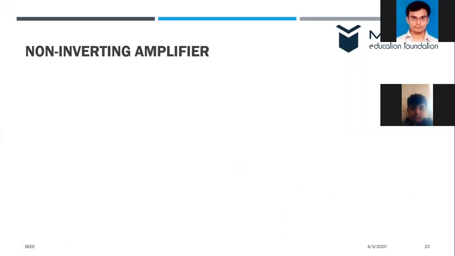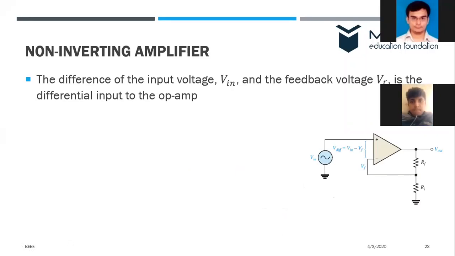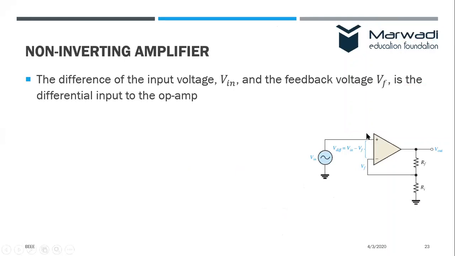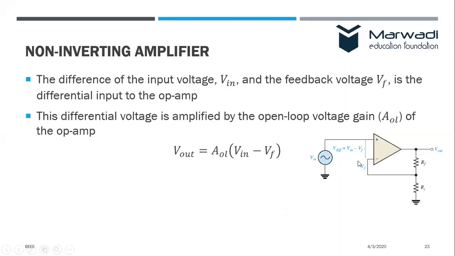So what happens? The difference of the input voltage Vin and the feedback voltage Vf is the differential input, right? As you know, the input to the op-amp is always differential. So the differential input is given by Vin minus Vf, just like what we did in the last slide, 5.1 minus 5.099.